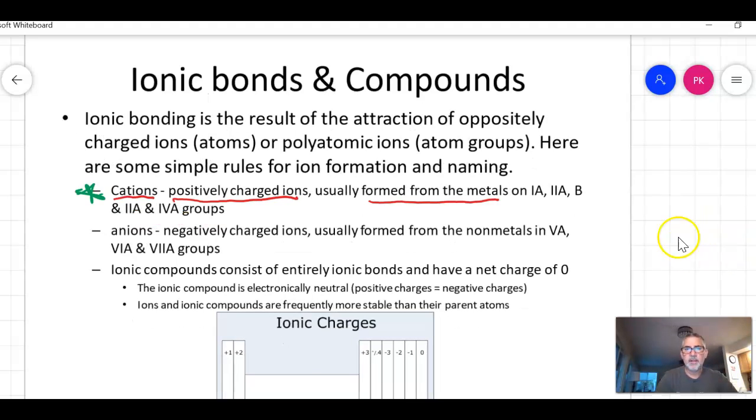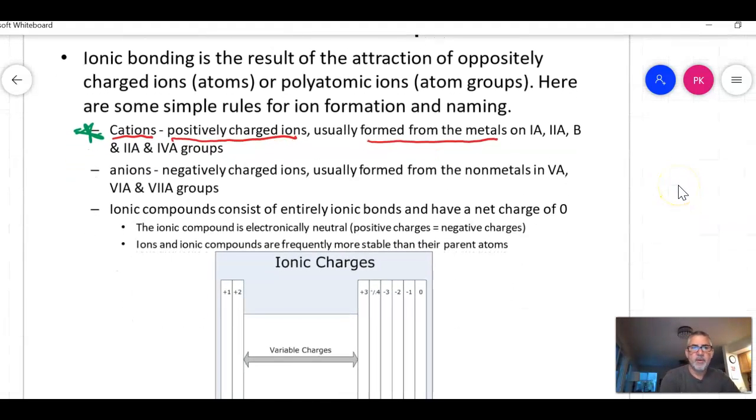So if we look at our periodic table, we have our group 1A, 2A, 3A, and then we have our stairs that kind of go down here. And then we have 4A, but only the metals down there.